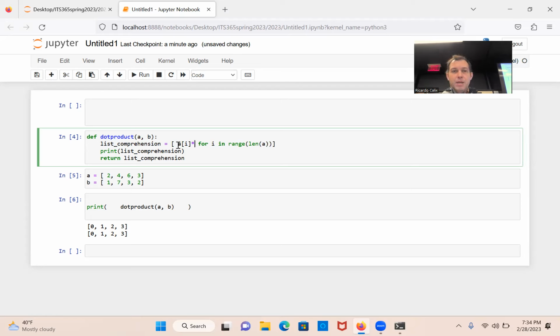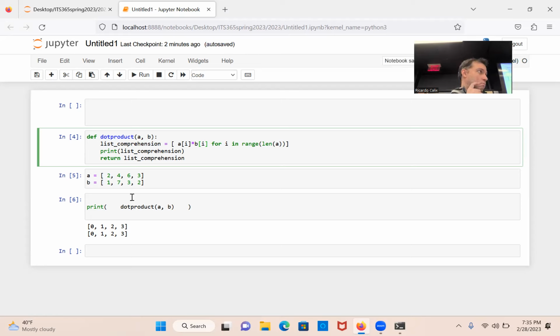B[i], right? You see that? And this is the equivalent of multiplying x1 times w1, x2 times w2, x3 times w3. You can see there's a common thing there. Those are the weights being multiplied by the x's to obtain the next value of that neuron.